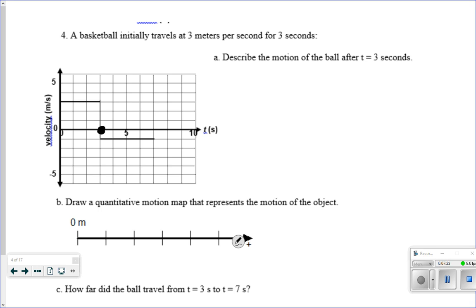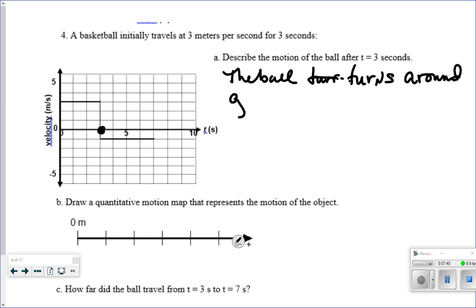And so at 3 seconds, or after 3 seconds, the ball turns around. Okay, that doesn't look like the word turns. Even on a smart board, that doesn't look right. All right, so the ball turns around. Let's assume it's going left because right is generally our positive velocity.